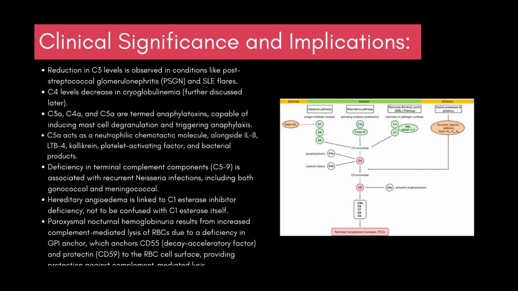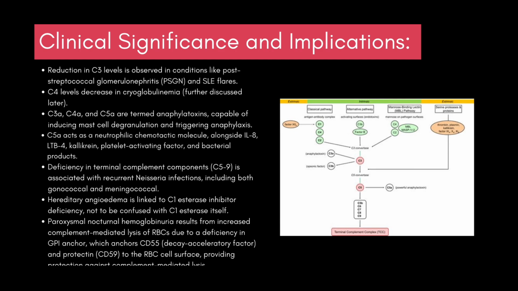Clinical significance and implications of this. A reduction in C3 levels is observed in conditions like post-streptococcal glomerulonephritis, known as PSGN, and systemic lupus flares. C4 levels decrease in cryoglobulinemia, further discussed later.